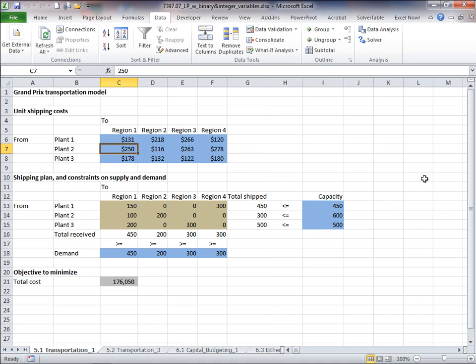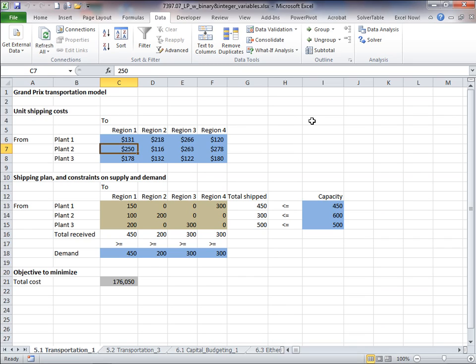As good as this model is, we could have done equally well on our own. I just proved that to you, right? But how easy would it be for me to take the next step now and say, okay, well, if I could get different capacities out of the other plants, how much better off would I be? Let's just do the simple math. 250 minus 178 is, was that 72?